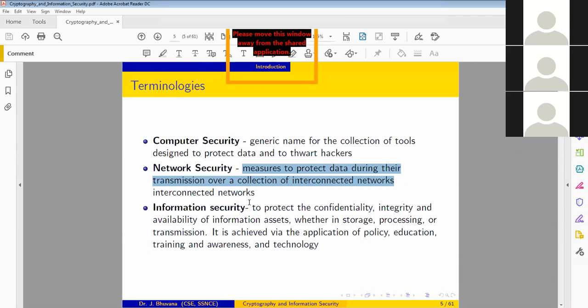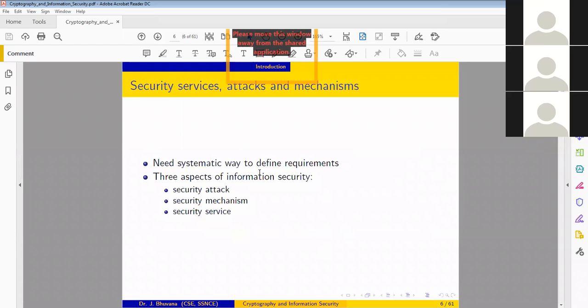It can only be achieved by using specialized tools and mechanisms, which need additional training or awareness in order to provide it. So computer security, network security, and information security are the three basic security terminologies one needs to be aware of.